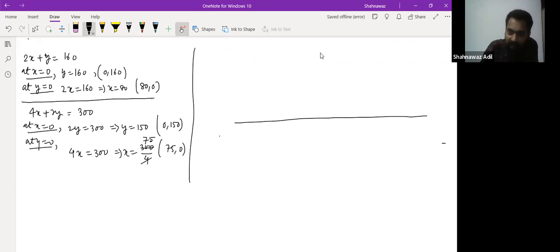So Adil, please tell me what should we take as the boxes or the steps. The values are 75, 150, 80, and 160.